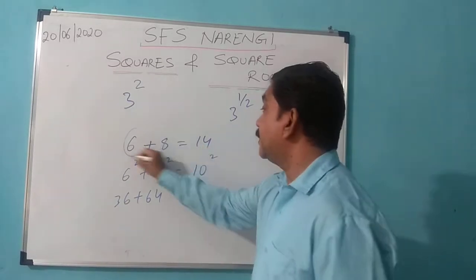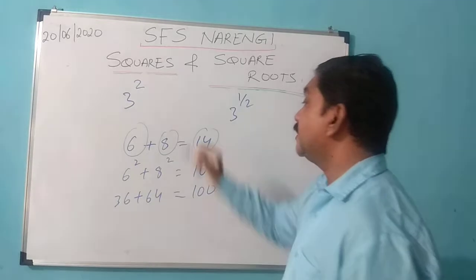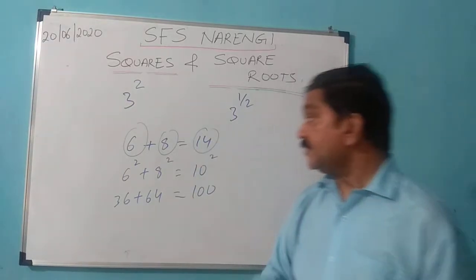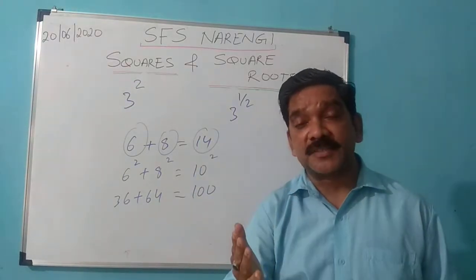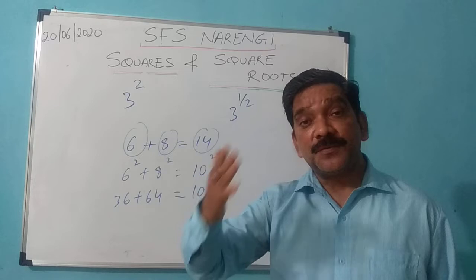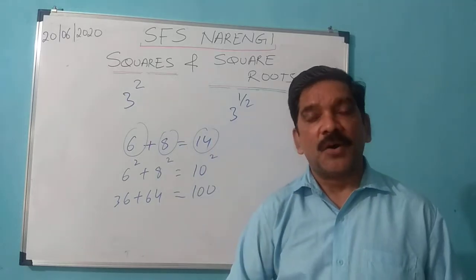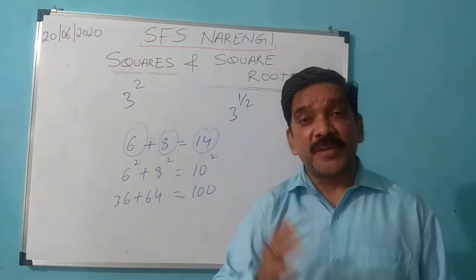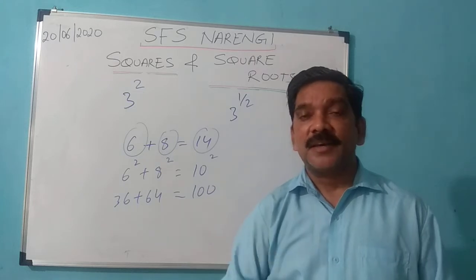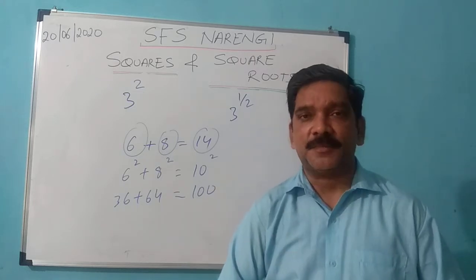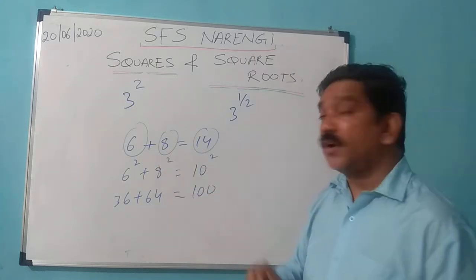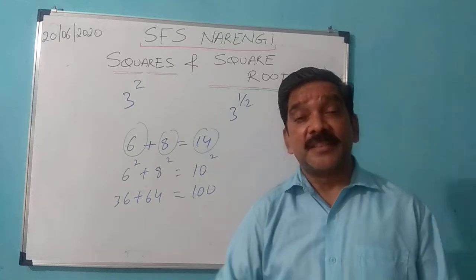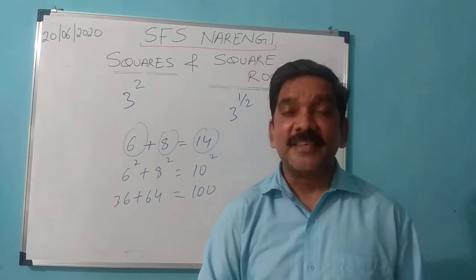Such numbers like 6, 8, 10, where the sum of squares of two smaller natural numbers gives the square of the largest natural number, are called a Pythagorean triplet. That's what we did in the last class.